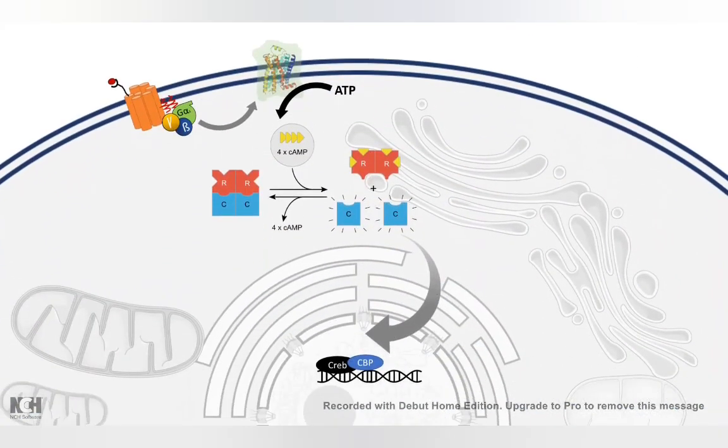As far as the mechanism of action is concerned, prostaglandins work in a G protein coupled receptor signaling pathway. Often, prostaglandin stimulation leads to an increase in cyclic AMP and protein kinase A activation, followed by several nuclear changes in terms of gene expression.